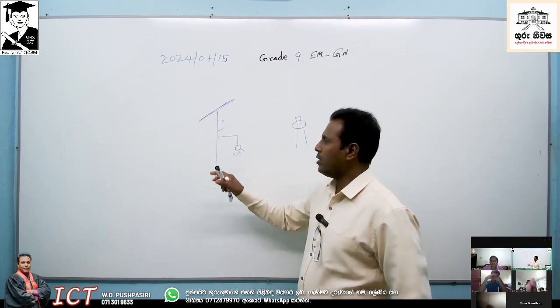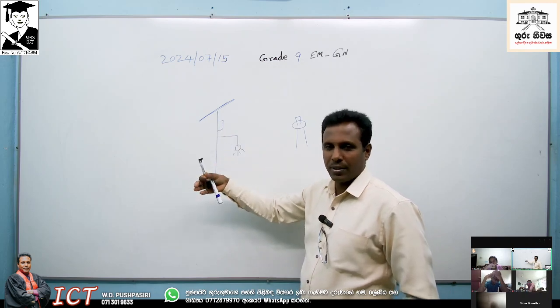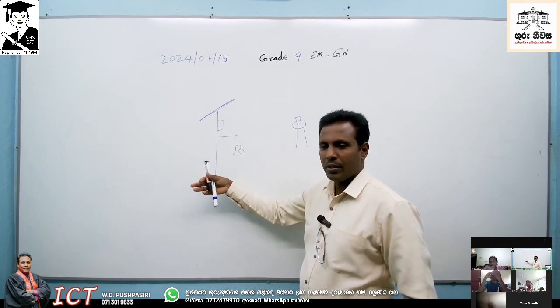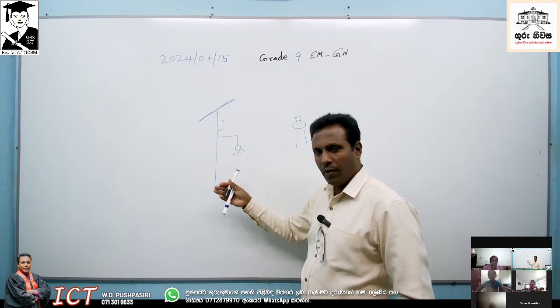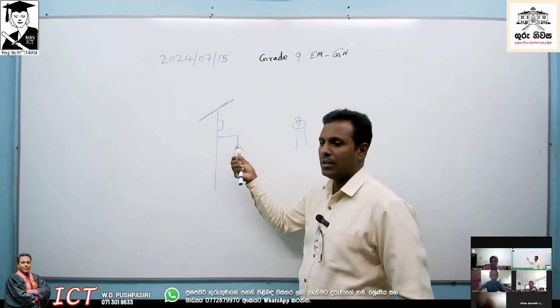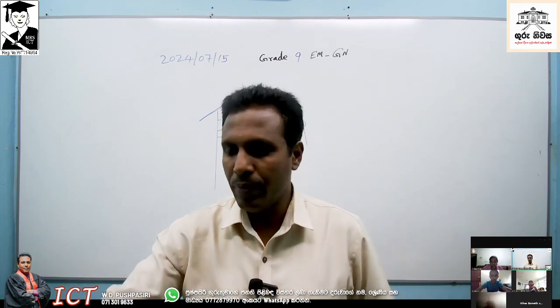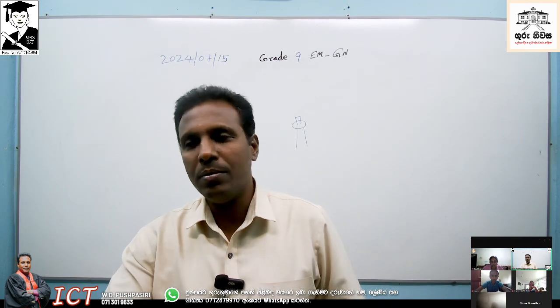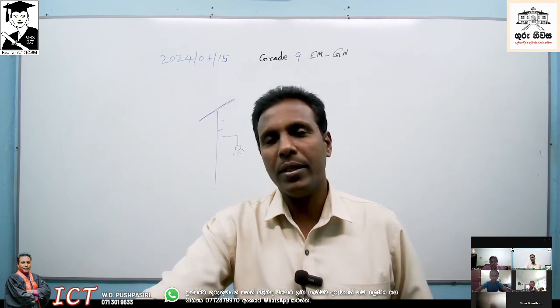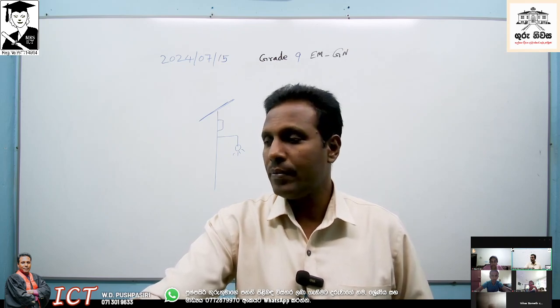Because it is already working with the sensors, this works automatically. In the morning it is switched off, and in the evening the bulb is switched on, because the sensor gives a signal to the microcontroller, and the microcontroller works accordingly. But sometimes in the daytime that bulb is also lit, right?